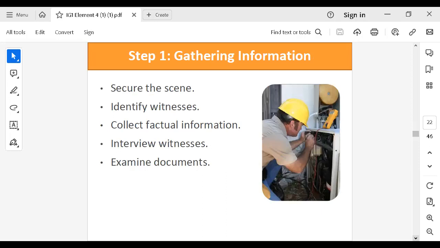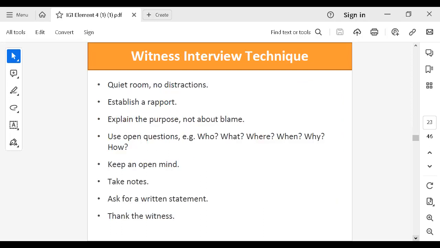What type of information do we need to gather? We need to secure the scene. Then we need to identify the witnesses, because the witnesses will give the information. Then collect factual information, without bias. Interview witnesses and examine documents. We need this information during the information stage.